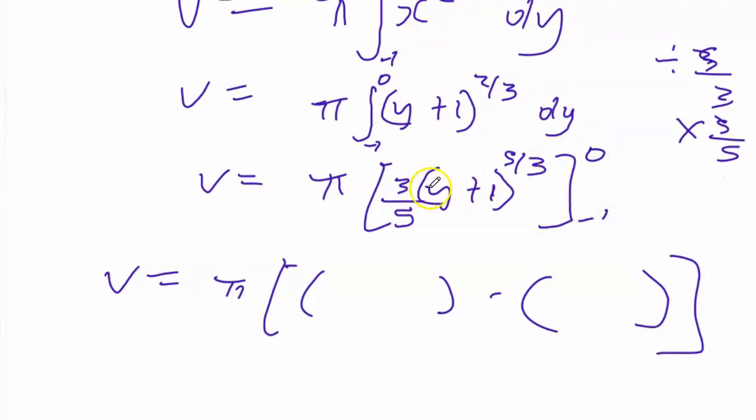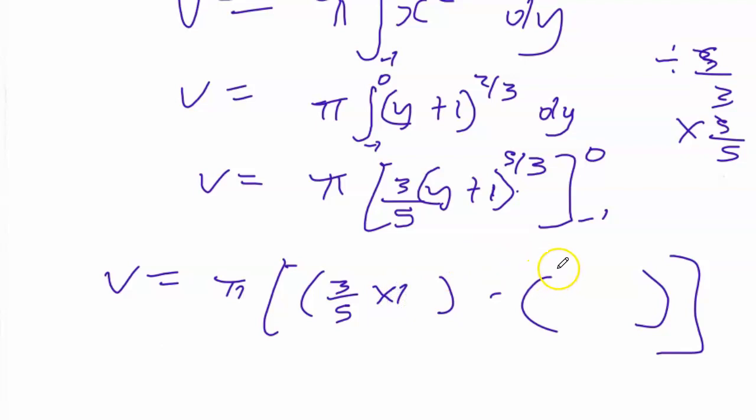So replace the y with 0. We end up with 3/5 times 0 plus 1, which is just 1 to the power of 5/3. Now 1 to any power is 1. So that would be 3/5 times 1 really.